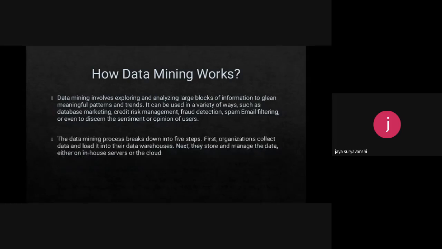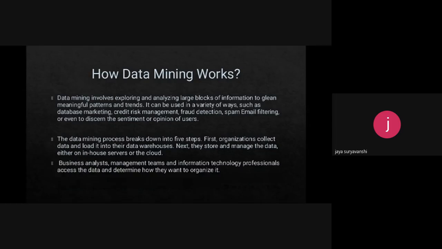Next, the data mining process breaks down into 5 steps. First, organizations collect data and load it into their data warehouses. Next, they store and manage the data either on in-house servers or the cloud.